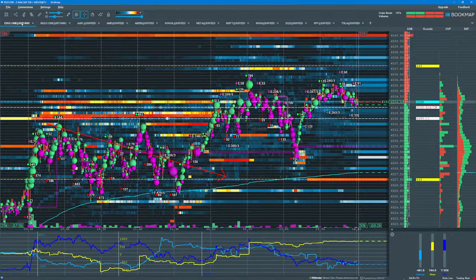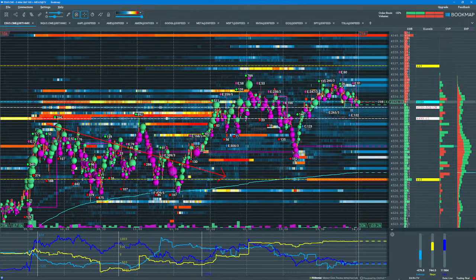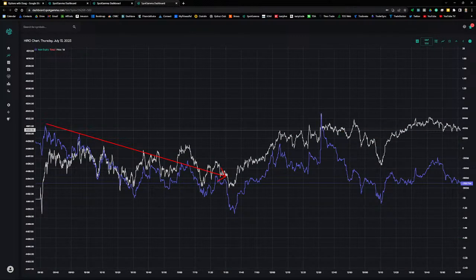So SPY trading in a range again between SPY 448 and just below the SPX 4499 combo 1 level, while options traders were taking negative delta positions.